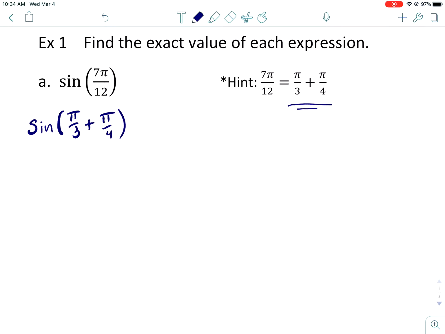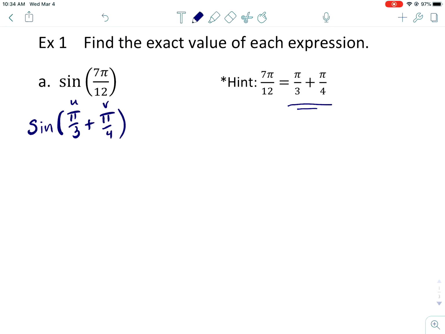All right, and then you're going to look at your identity sheet and decide which identity we're going to use to figure this out. So which one does it look like? Which number? 24, the first one, right? So the sine of two angles added. So what we would do is we would say that this is u, the pi over 3, and that v is pi over 4.